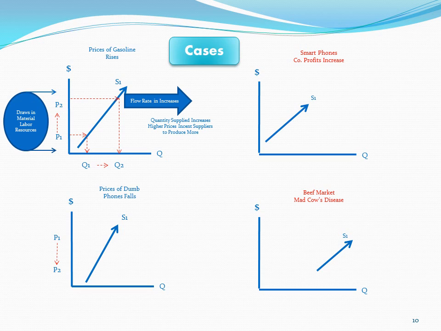So in this particular case, as prices fall, incentives are sent back and signals are sent back to the firm that, hey, we might not be able to offer as many phones because of the cost, right? Or the lack of profitability at P2. And so what happens is the quantity, that is the rate of flow into the market, tends to shrink. That is, we tend to move from Q1 to Q2.